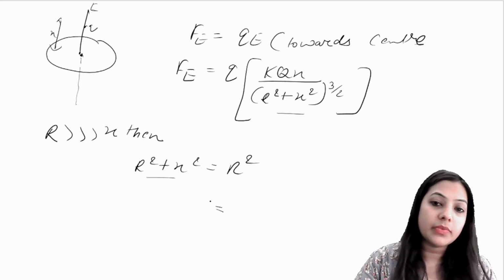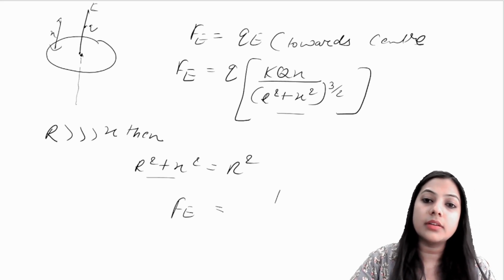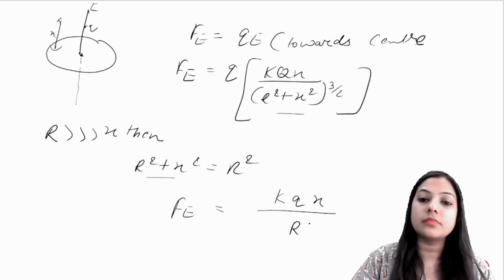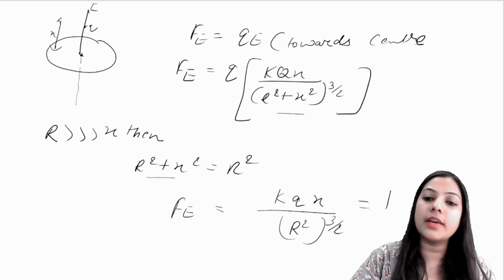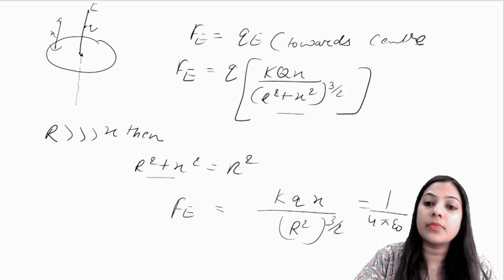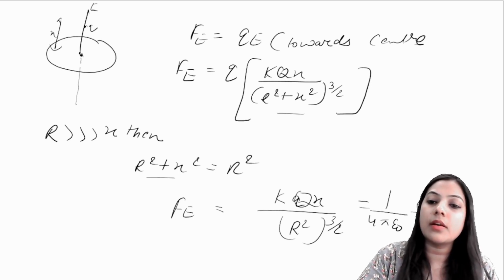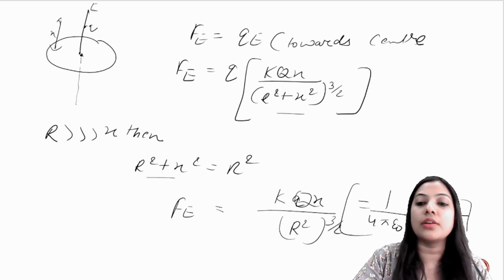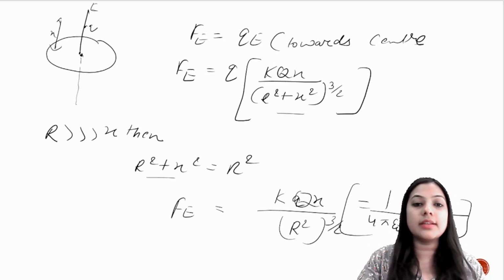We get F is equal to K Qx upon (R square) to the power 3 by 2, where the value of K is 1 upon 4 pi epsilon naught. So this is capital Q, not small q. This gives Qx upon 4 pi epsilon naught R cube, and this force is towards the center of the ring.